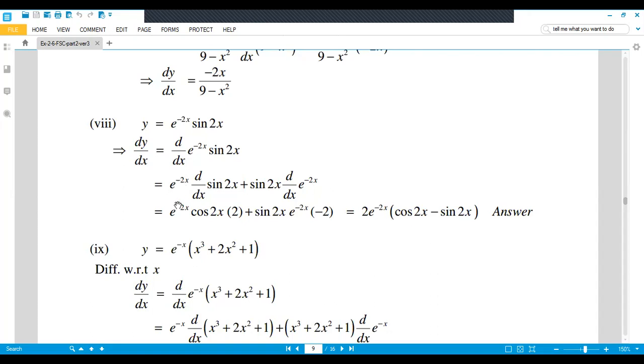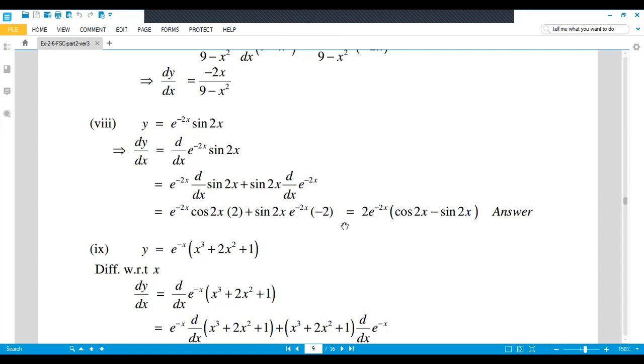So e power minus 2x we copy as it is, and sine derivative is cos 2x, and then we take further derivative of theta. Further derivative of theta 2x is 2. Here plus sine 2x we copy as it is, and derivative of exponential function e power minus 2x as it is, e power minus 2x, and then further derivative of the exponent, minus 2x derivative is minus 2.